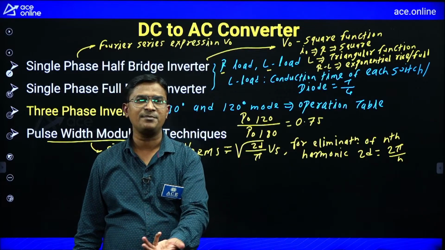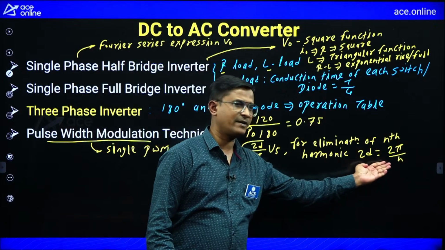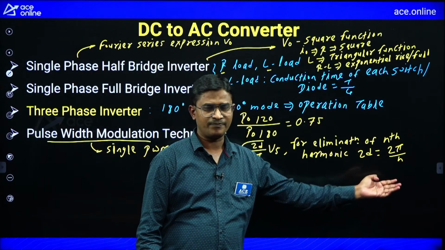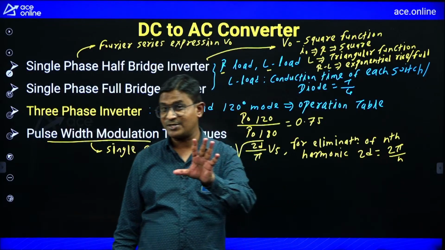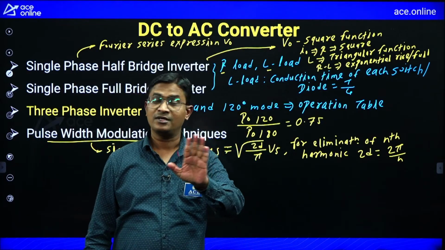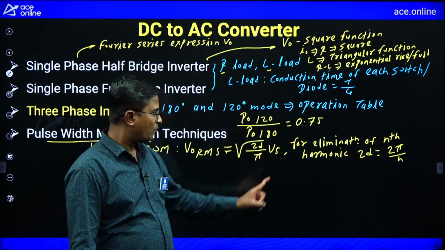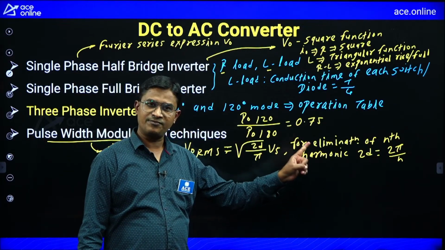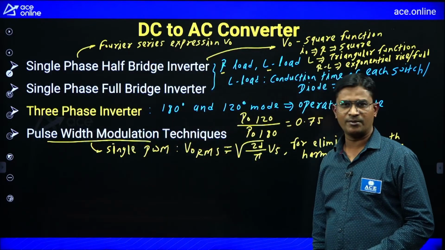For fifth harmonic elimination? Third harmonic elimination means n is equal to 3, so pulse width is 2 pi by 3. Fifth harmonic is 2 pi by 5, etc. They have asked the question on third and fifth harmonic. On seventh harmonic, they have not asked the question, so no need to worry, only focus on third and fifth harmonic. So these are important points from single PWM.